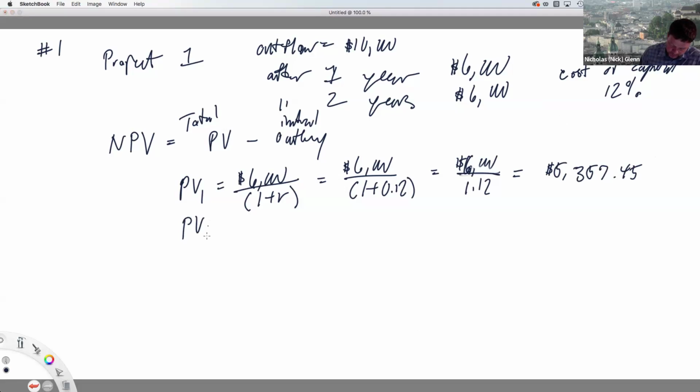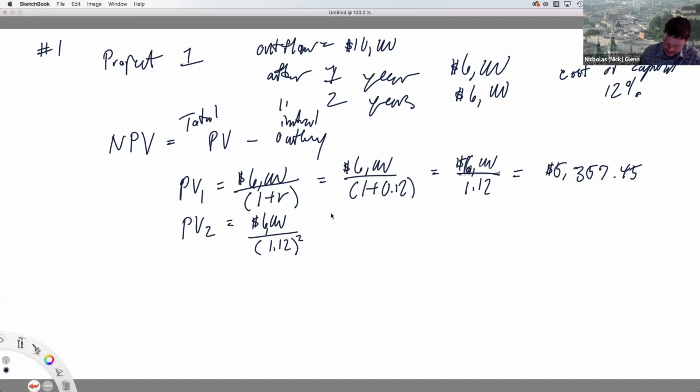All right. What about the present value for the money 2 years from now? So they're getting $6,000 again. The difference in this case is it's 2 years from now, so they have to discount it more. So this is going to be raised to the second power, representing 2 years out that you're getting paid.